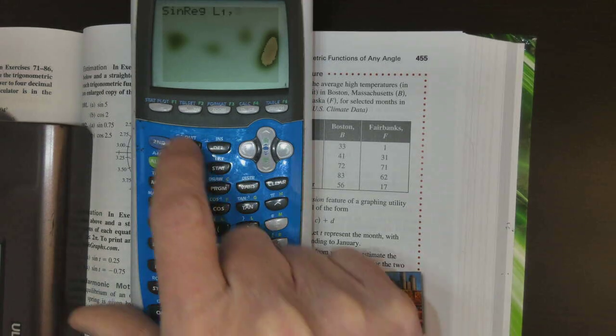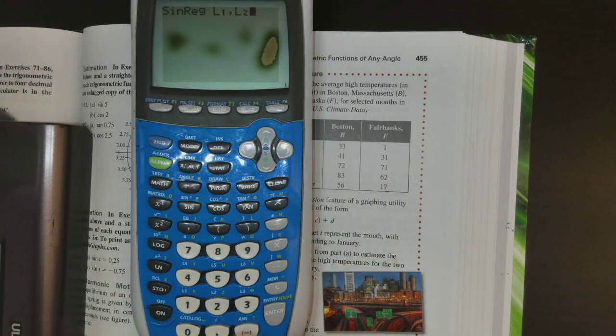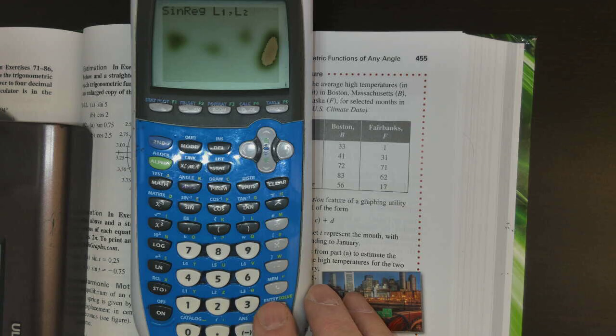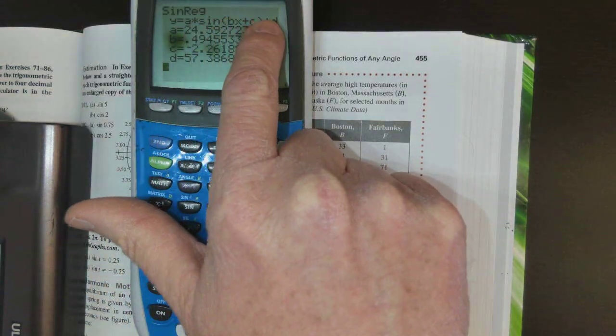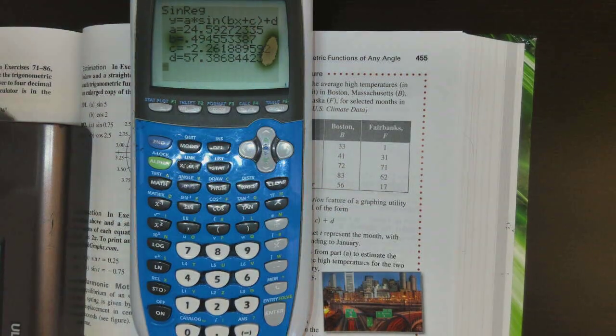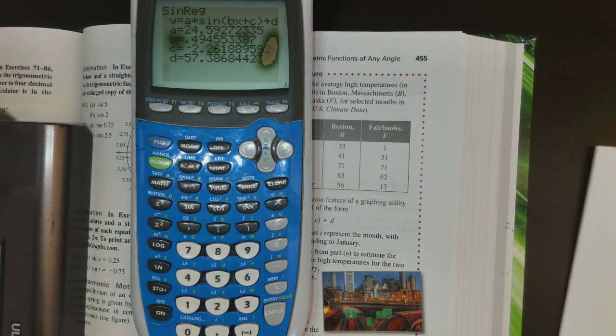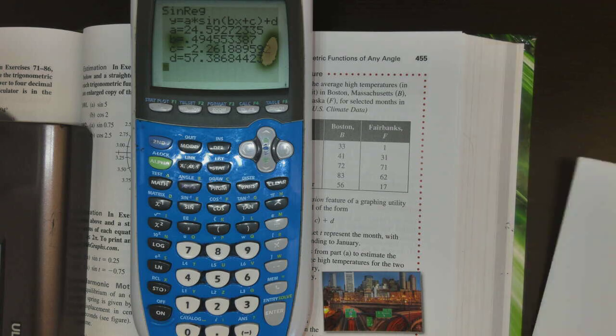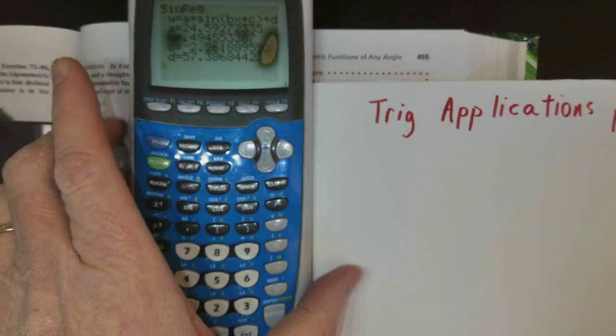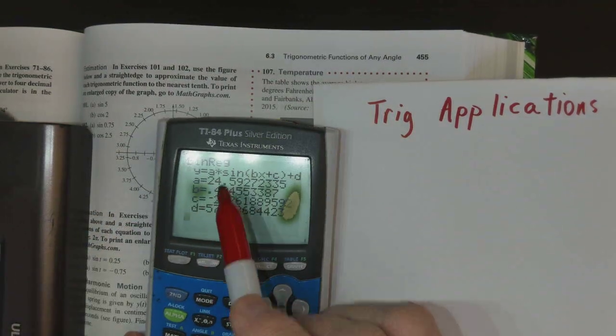These are where my 2 columns are, my 2 variables. L2. And then I'll hit enter. And you'll see this is the same thing they've got, except they have a t instead of the x. Okay, and I'm going to write down the equation that we get from our display here.